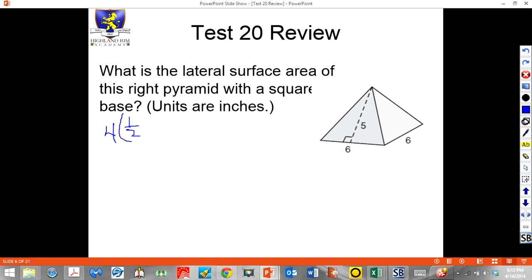So it's 4 times 1/2, the base is 6, times the height, which is 5, in inches squared. 4 times 1/2 is 2, and 2 times 6 times 5 is 2 times 30. We end up with 60 inches squared.